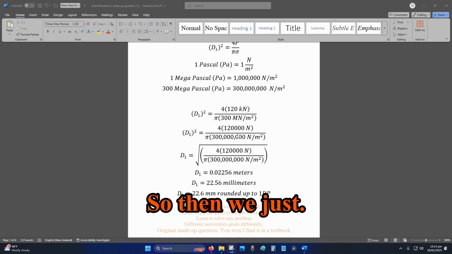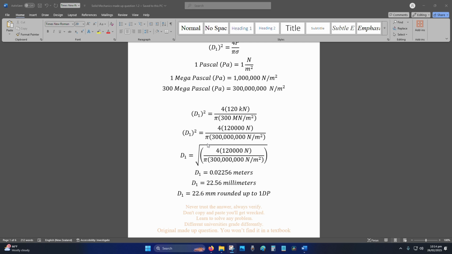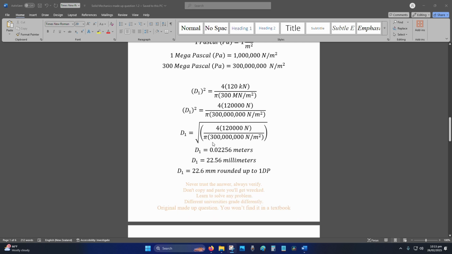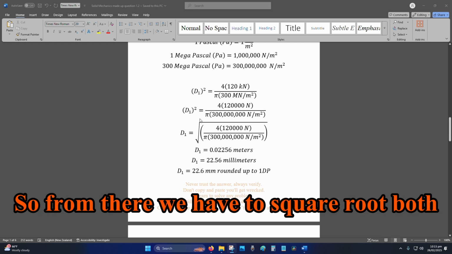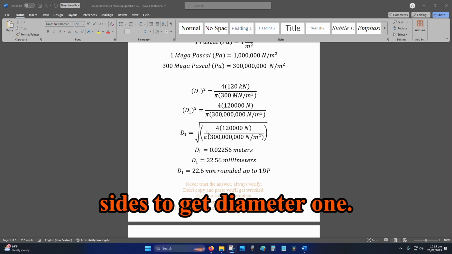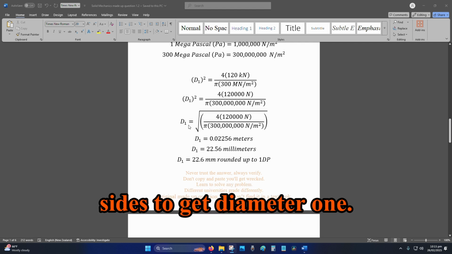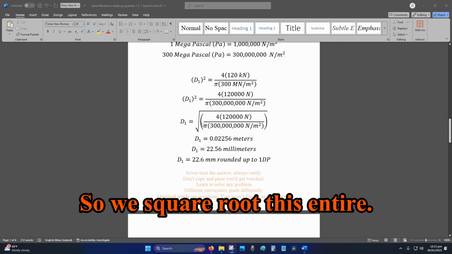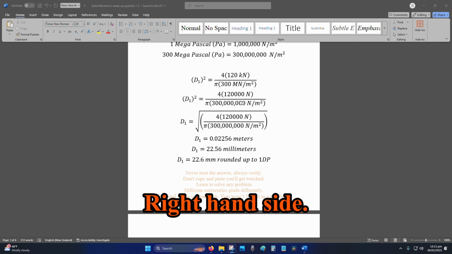So then we just solve it normally. So from there we have to square root both sides to get diameter 1. So we square root this entire right hand side.